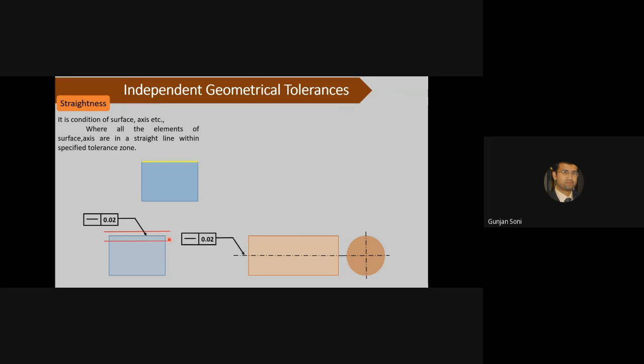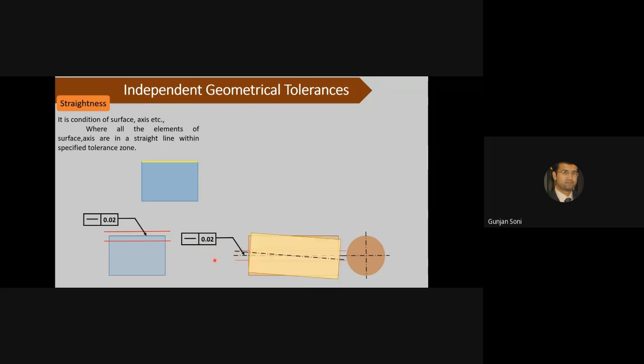Now let's consider another example. This time we are applying the straightness condition to the axis of the shaft. It is saying that this axis should be straight within the specified tolerance zone. Again, it will be defined by two parallel lines which are 0.02 distance apart from each other.